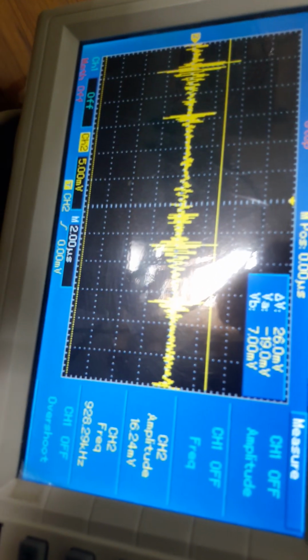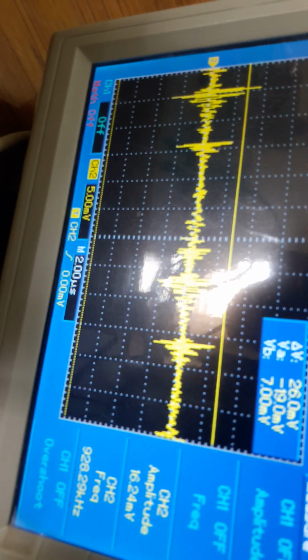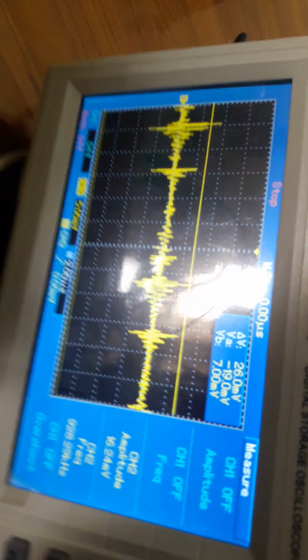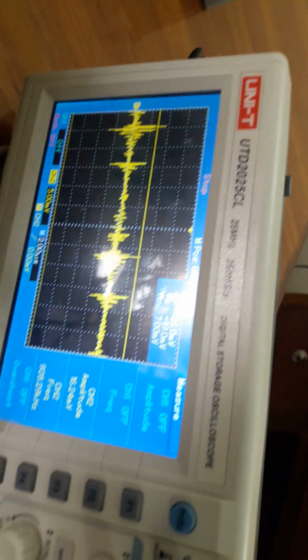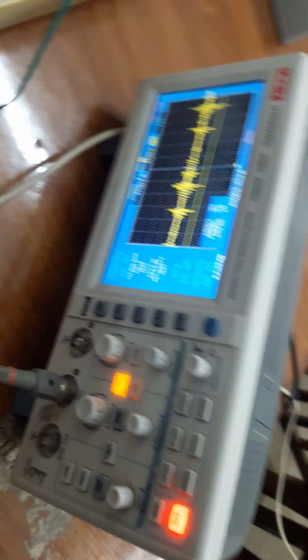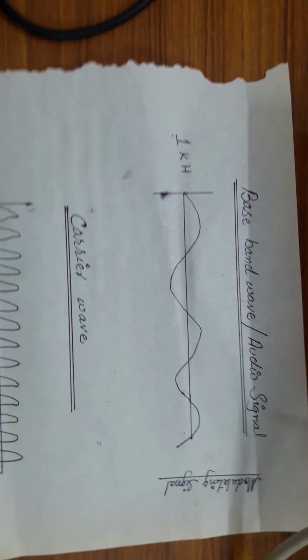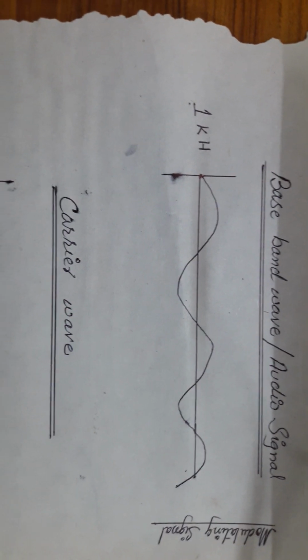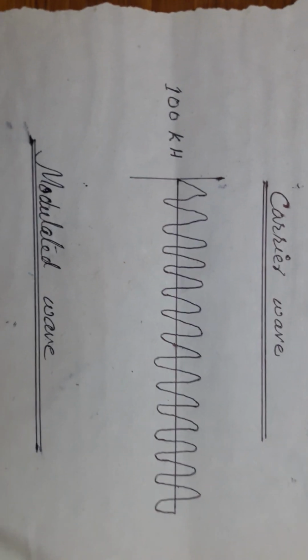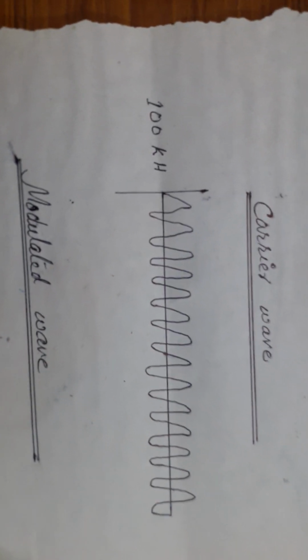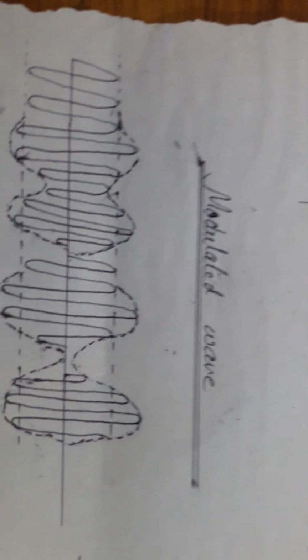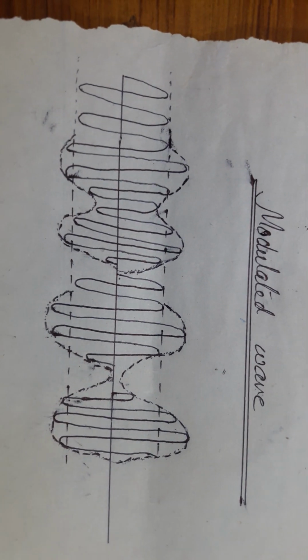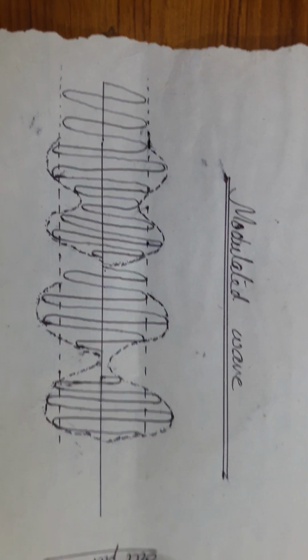This is our demodulated signal. So before, we used the baseband wave, audio signal, modulating wave, and carrier wave, and the modulated wave we saw before on the DSO.